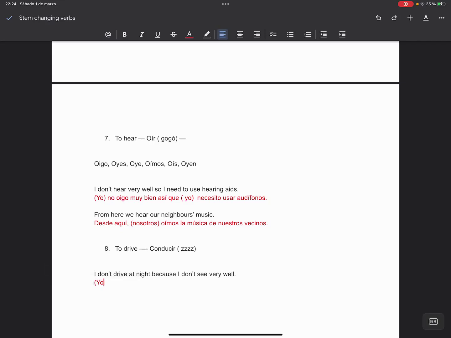So yo no conduzco, sí, added an extra Z. Yo no conduzco por la noche porque yo no veo muy bien. Yo no conduzco por la noche porque yo no veo muy bien. Okidoki.